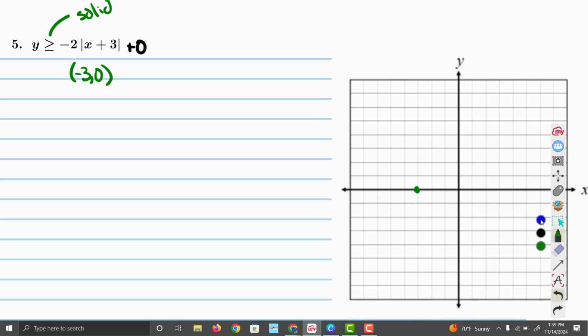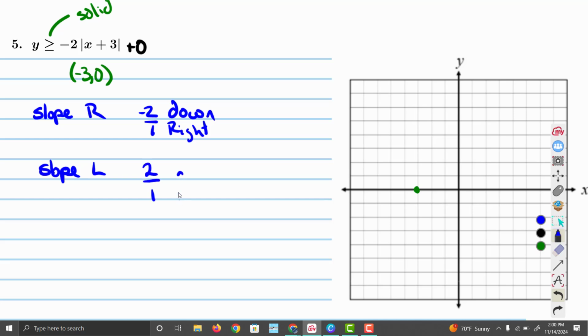And then my slope going to the right is negative 2 over 1, which means I go down and to the right. My slope going to the left is a positive 2 over 1, which means as I go to the left, I'm also going to go down. And then I'm going to go ahead and graph that in. This time I'm going to use a solid line.